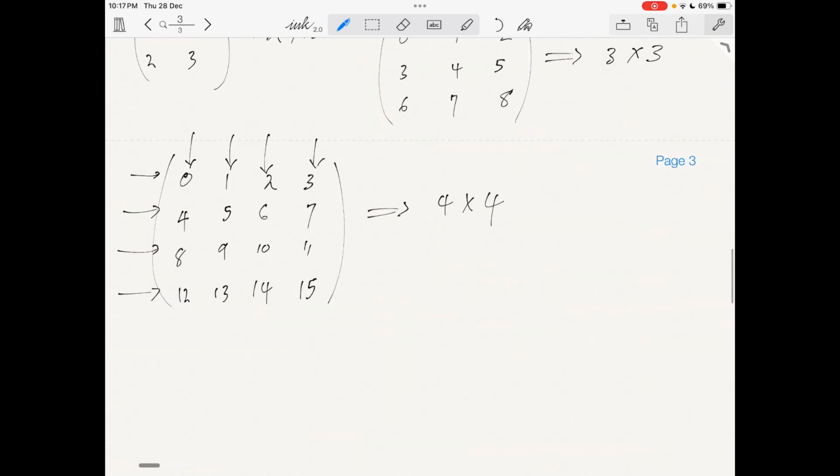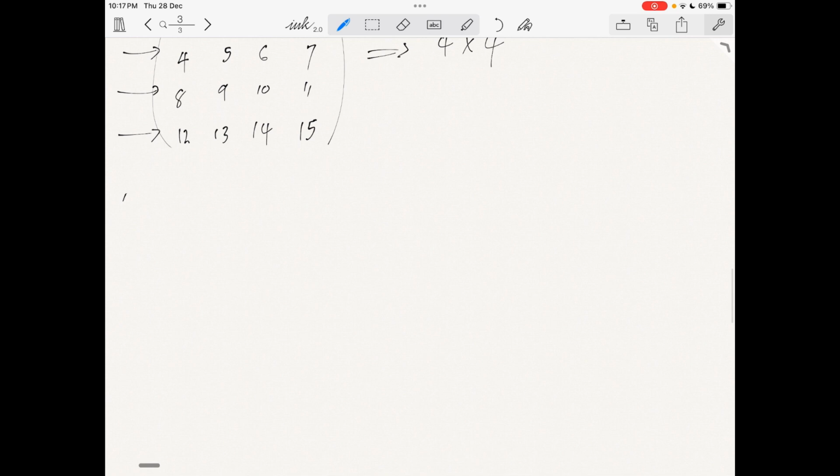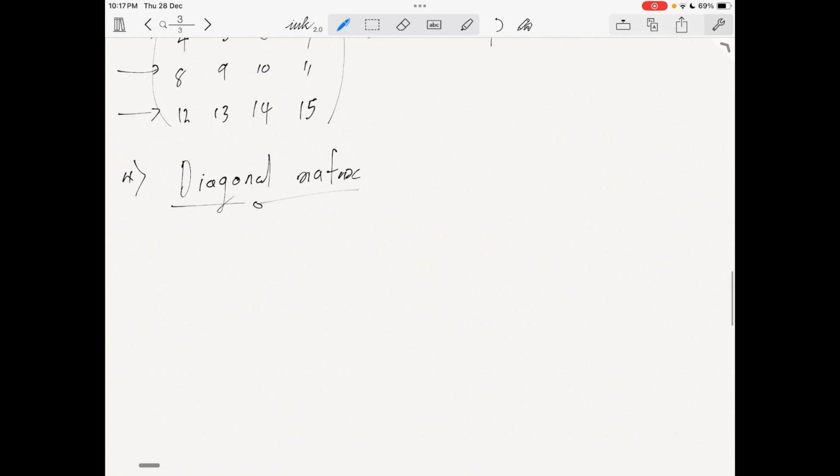Now the next type of matrix we'll be looking at is the diagonal matrix. In matrices there's something we call the leading diagonal. Now these diagonals come up in a square matrix.